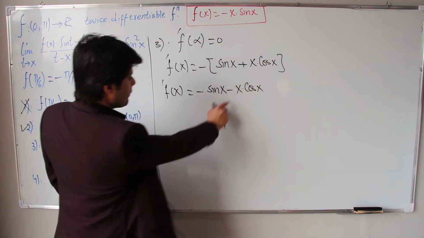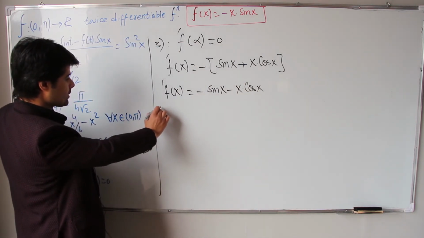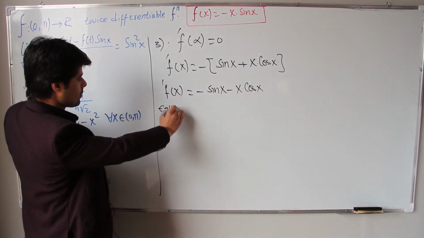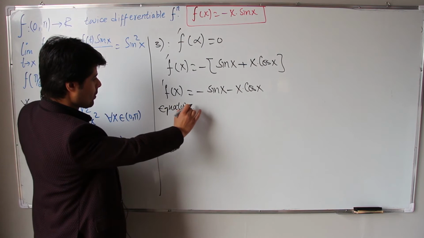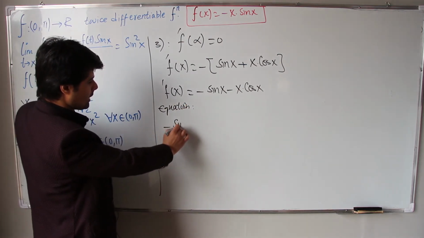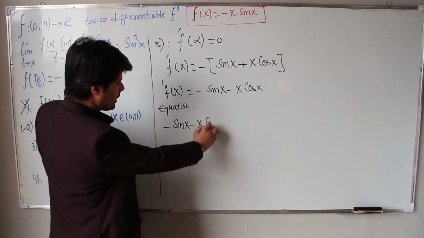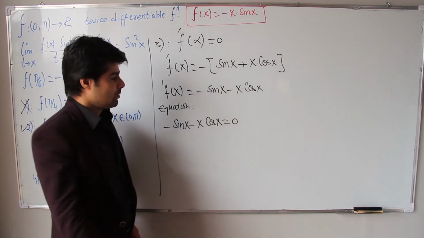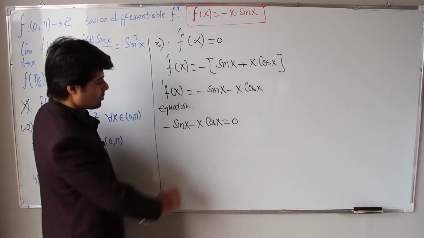It means first we should make the equation for this one. What's the equation? Minus sine x minus x cosine x is equal to 0. How can you find the solution?